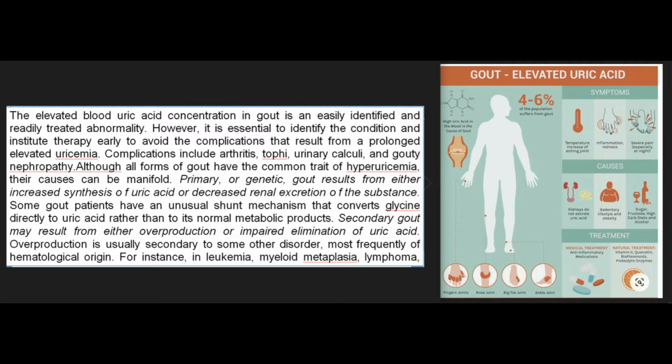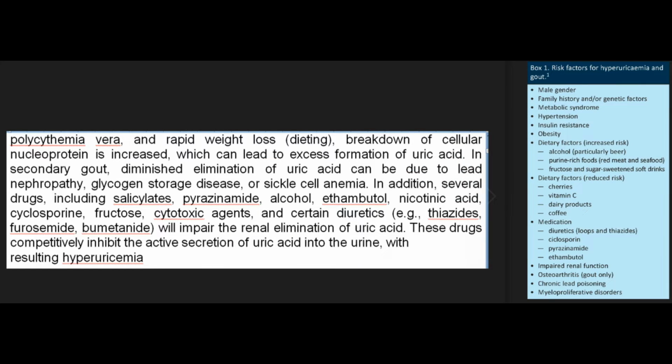Overproduction is usually secondary to some other disorder, most frequently of hematological origin. For instance, in leukemia, myeloid metaplasia, lymphoma, polycythemia vera, and rapid weight loss dieting, breakdown of cellular nucleoprotein is increased, which can lead to excess formation of uric acid.